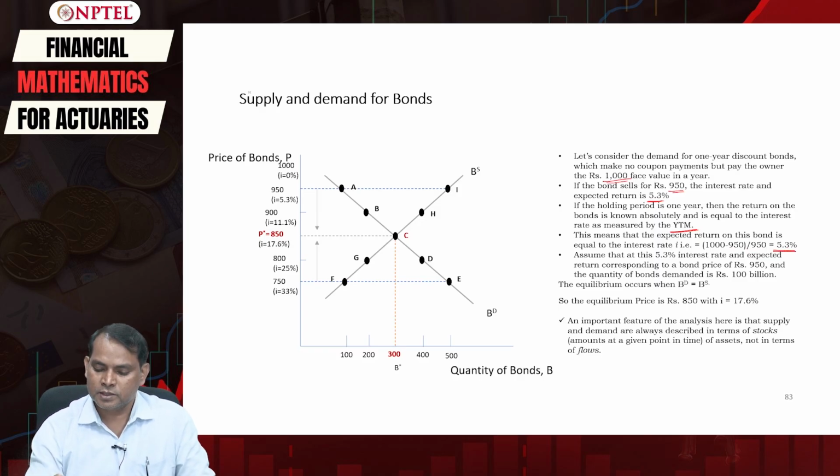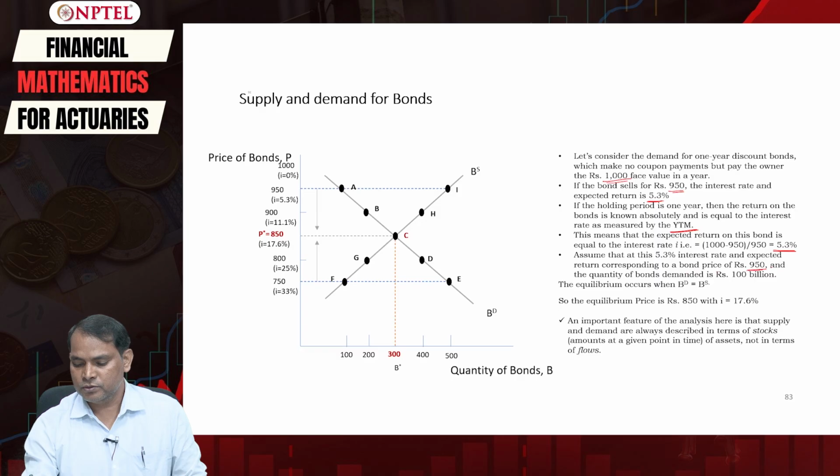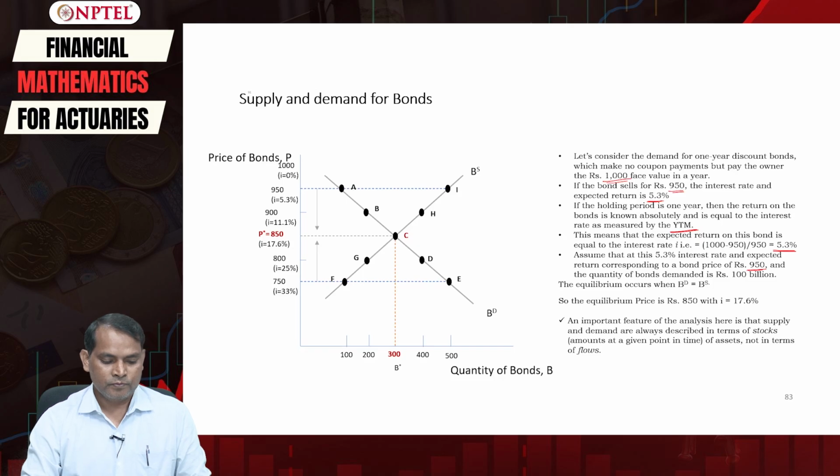Now assume that at this 5.3% interest rate, the expected return corresponds to a bond price of 950. So the price is 950 and the interest rate is i equal to 5.3, and the quantity of bond demanded is given.